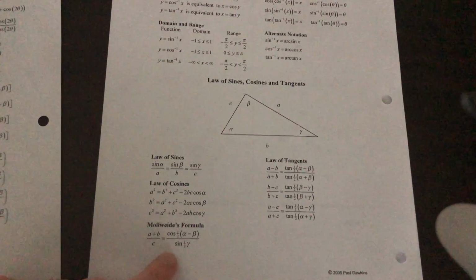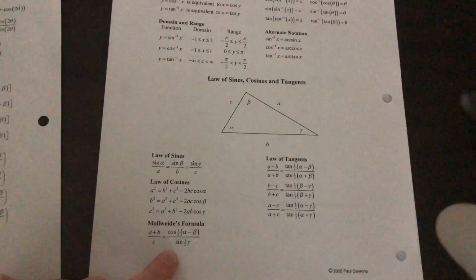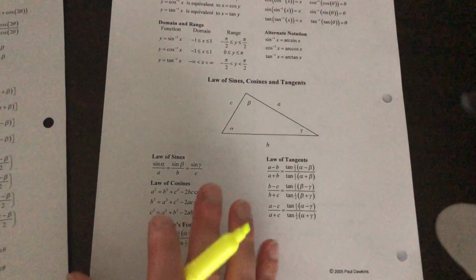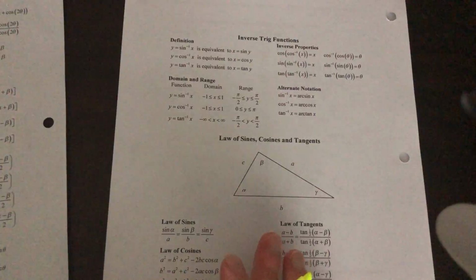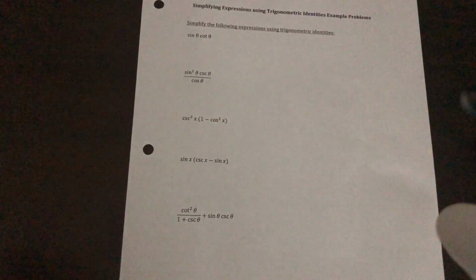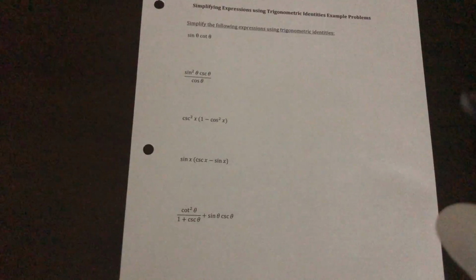I've never seen that formula in my life. Anyways, this is just some good information for you. This is from Dr. Dawkins at Lamar, so if you ever need any additional information, you can always print it off from his website.